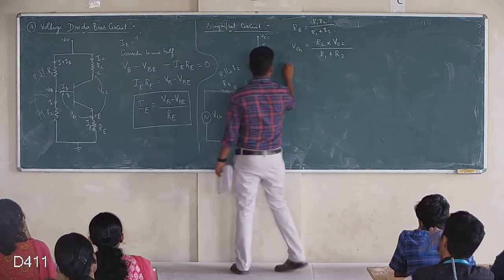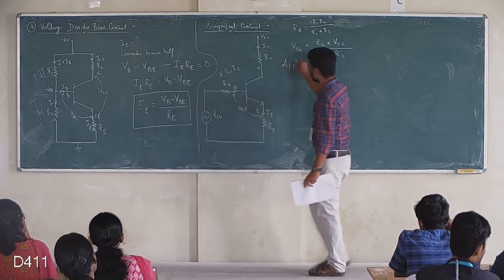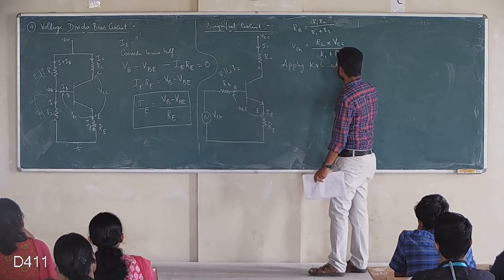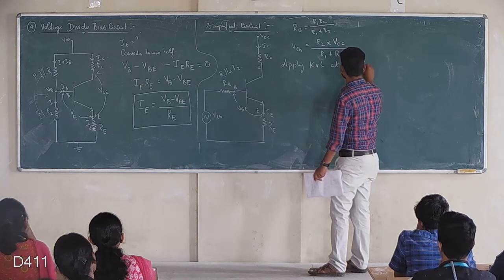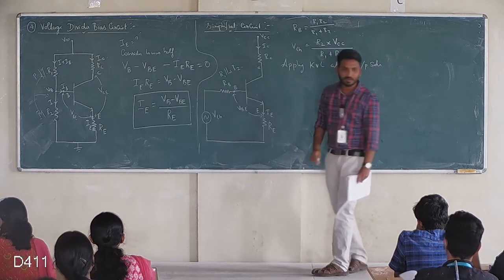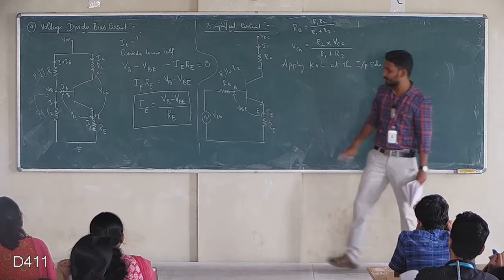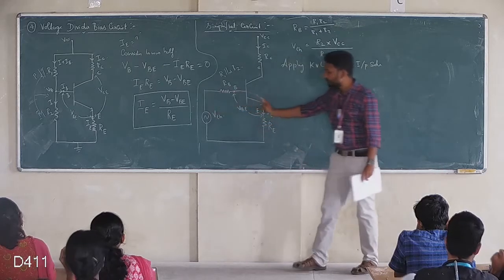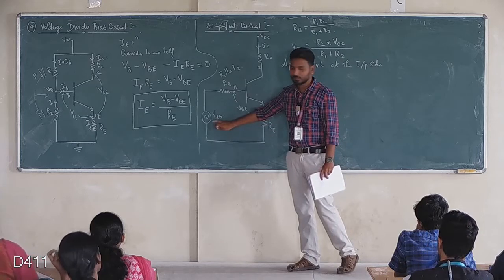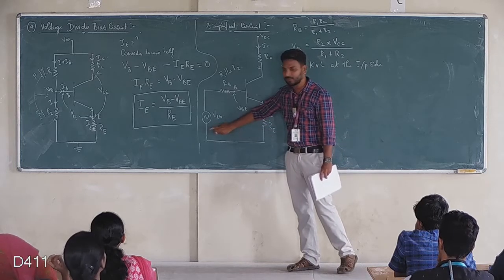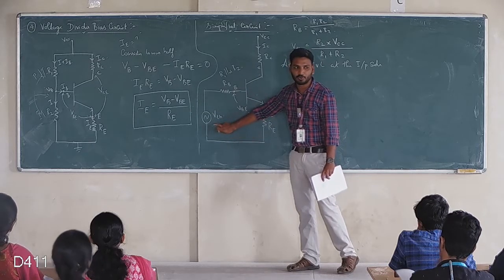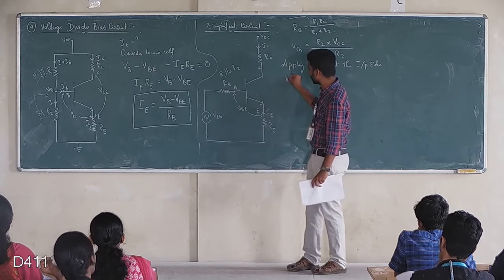Okay, next apply KVL at the input side. What is the first voltage value? VTH. I am going to apply KVL at this branch. VTH is the input voltage, so we will start from VTH.